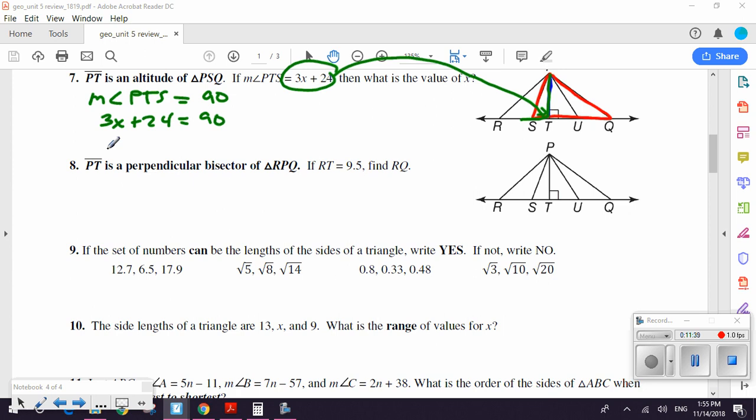Now we solve for x. Subtract 24 on both sides. You get 3x is equal to 66. Sorry, 66. And then divide both sides by 3. So x is equal to 22.